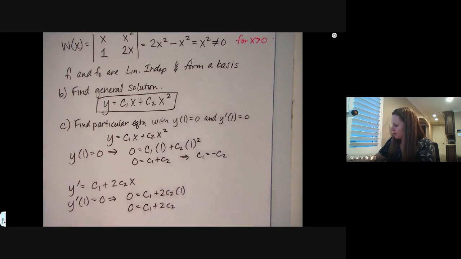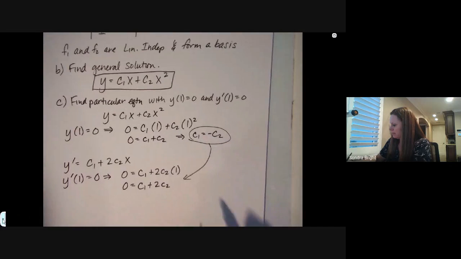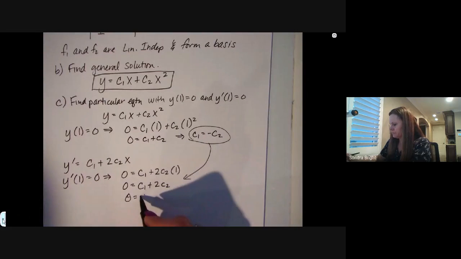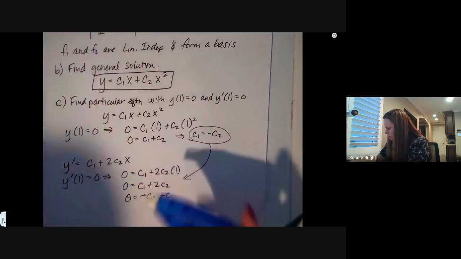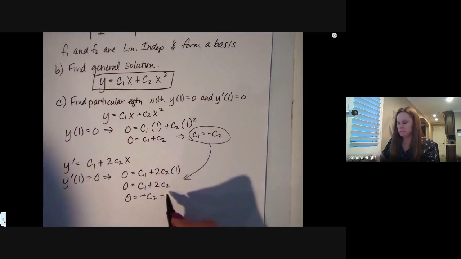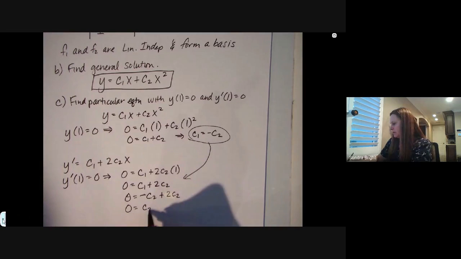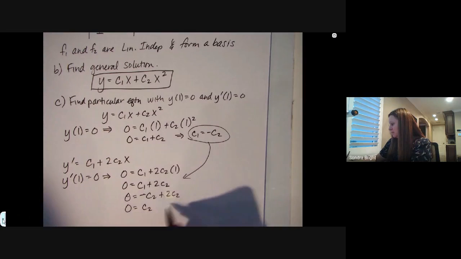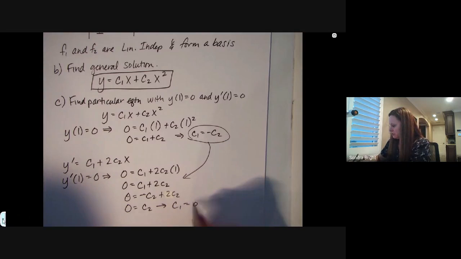Well, I know this, so if I substitute it in, negative c2 plus 2c2 is equal to 0. So that's 0 is equal to c2. All right, so if c2 is equal to 0, that also means c1 is equal to 0 as well. And so what's our particular solution?